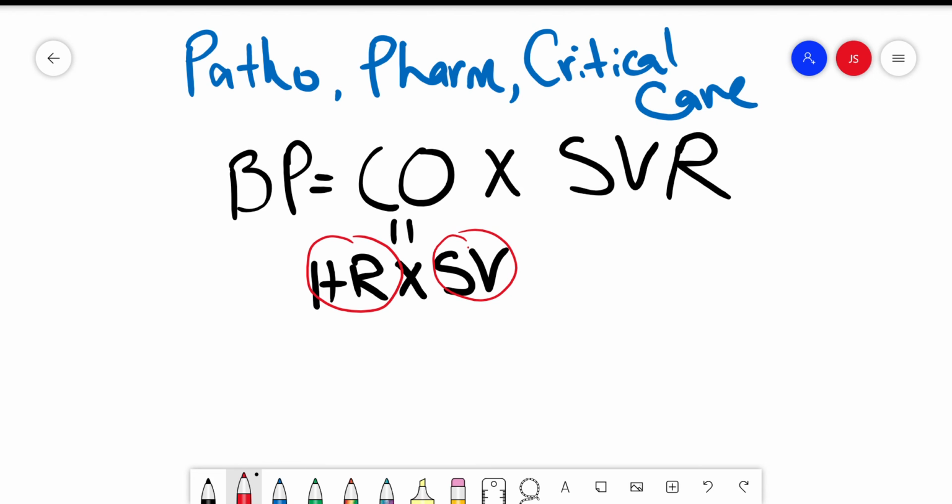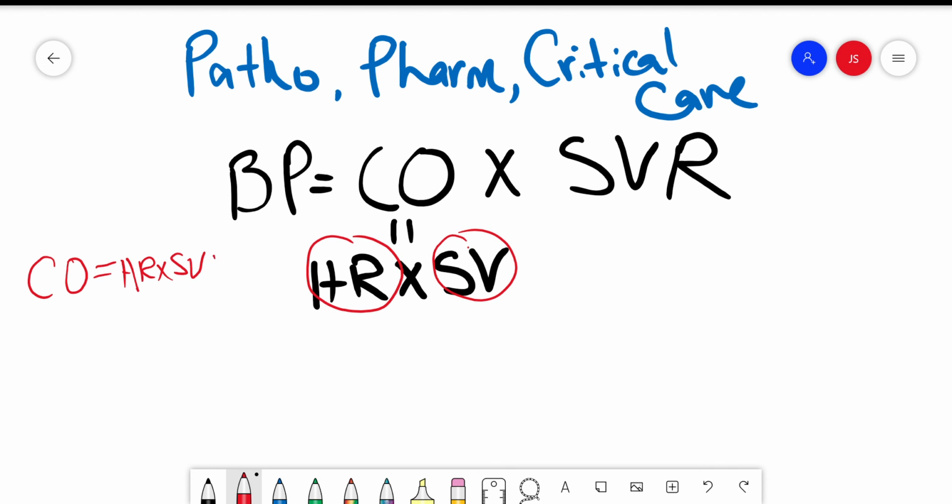In the same way that we saw in the first video, in an equation, what happens on one side of the equation directly affects what happens on the other side, because both sides have to equal each other. For example, in the first video we saw that cardiac output equaled the heart rate times the stroke volume.